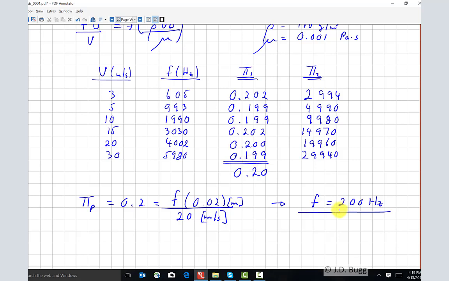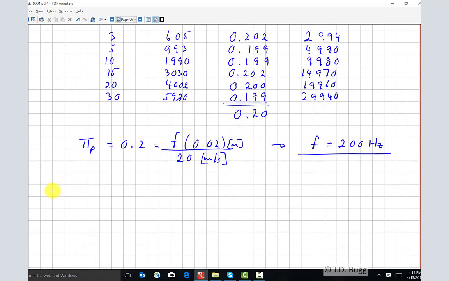So really, before we can accept this as an answer, we should check and make sure that the Reynolds number in the scaled up, or prototype, situation is within this range. If it's within this range, then we're justified in concluding that the Strouhal number, or the pi 1 group, will be 0.2. So that's what we need to do next.